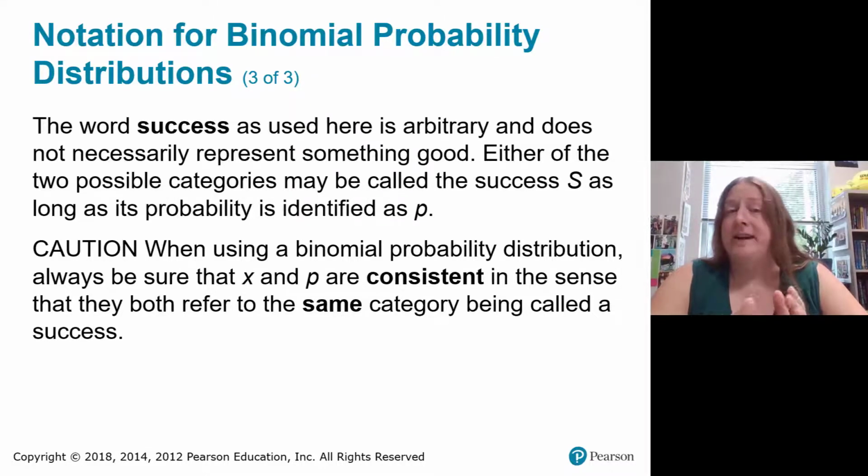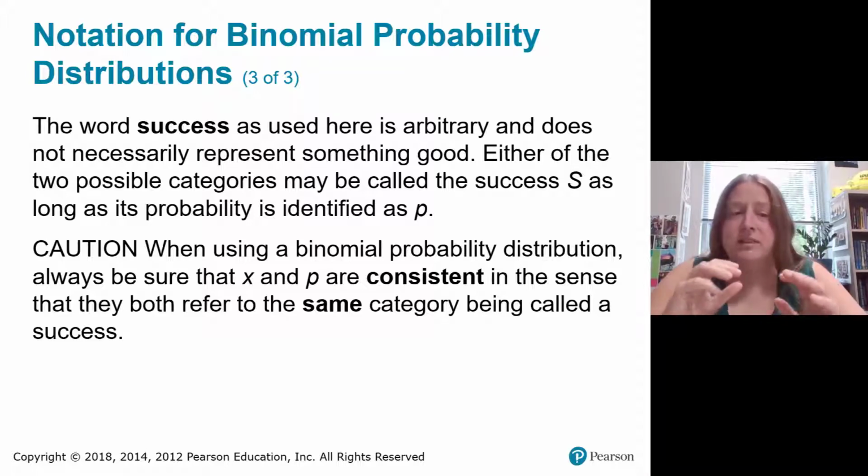So when we use that, realize that what we're doing is we're using the word success more in like the success that we found what we were looking for. And what we were looking for may or may not be a good thing. So success is arbitrarily used, and don't always think that the good thing has to be the success. The success is more whatever we're looking for.